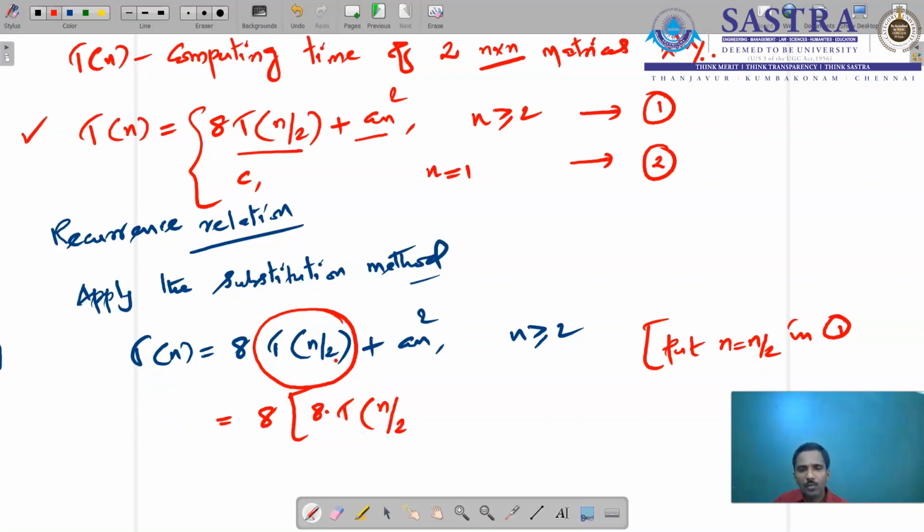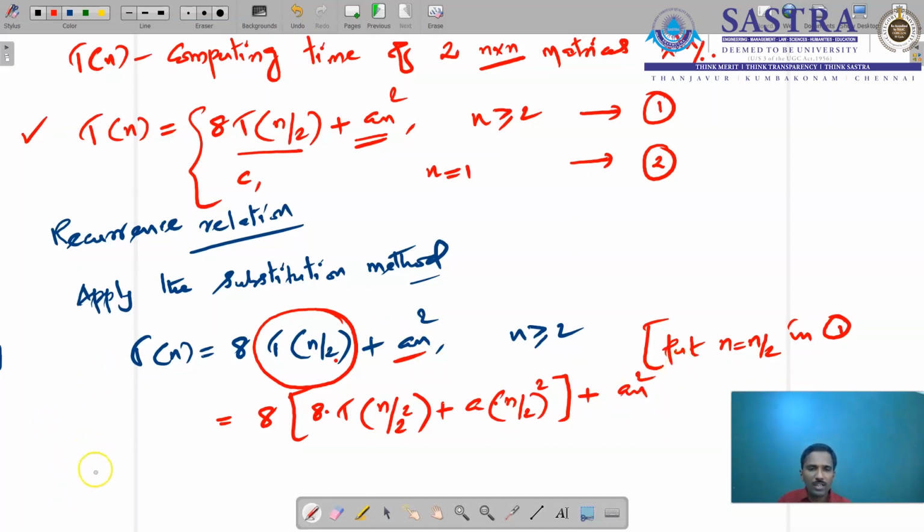that is n/4, let's write it as n/2 power 2, plus a n². In this term, substituting n = n/2, we have a (n/2)², plus additionally we have a n².